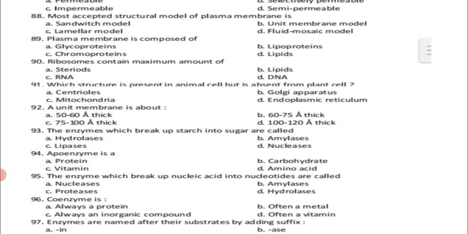Question number 93. The enzyme which breaks up starch into sugar is called as. The enzyme that breaks up starch into sugar is amylase. Amylase is an extracellular enzyme secreted by organisms like Bacillus subtilis and Aspergillus niger.